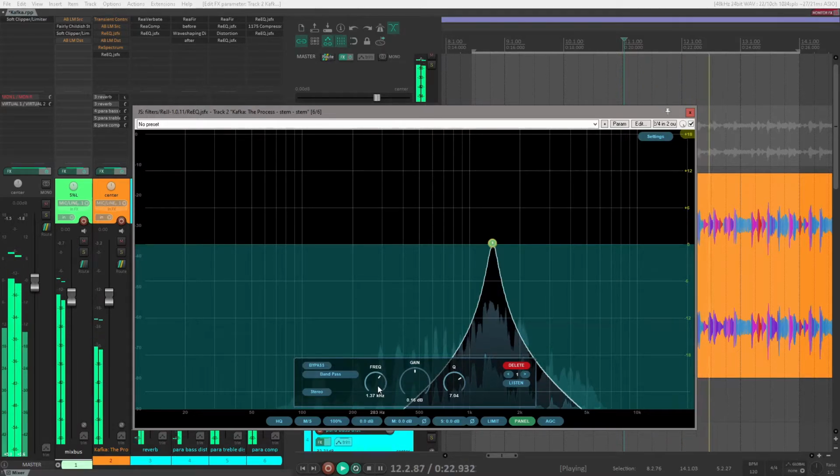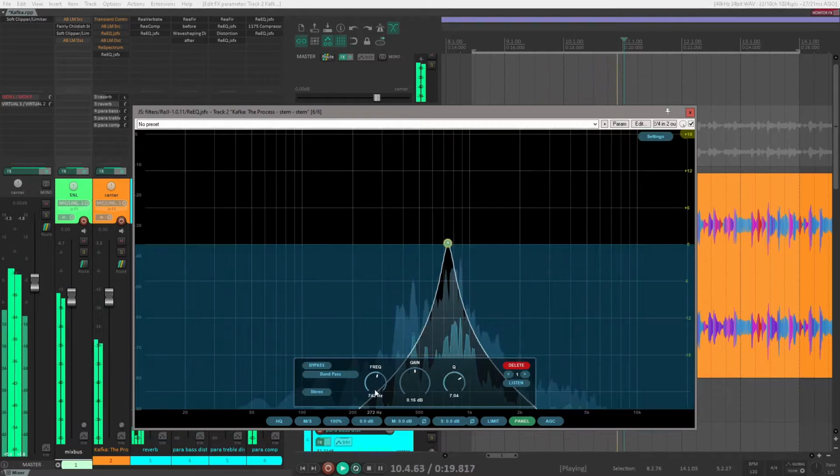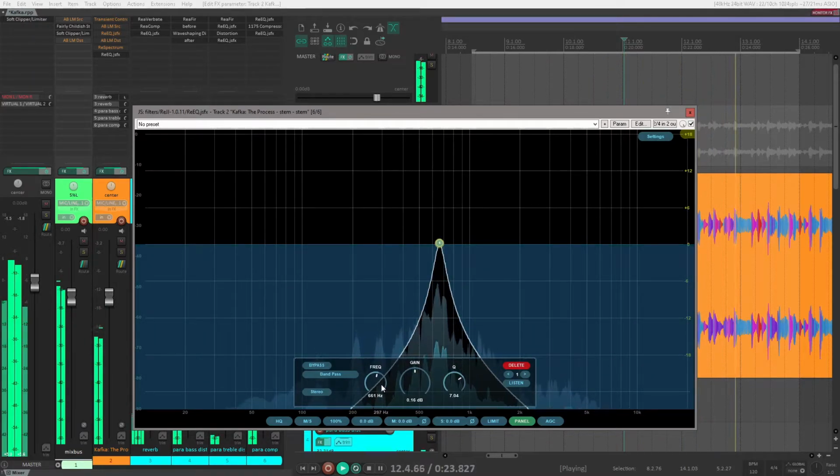This is more attack, but it's beginning to show some body. And we're beginning to go closer to the true sound.